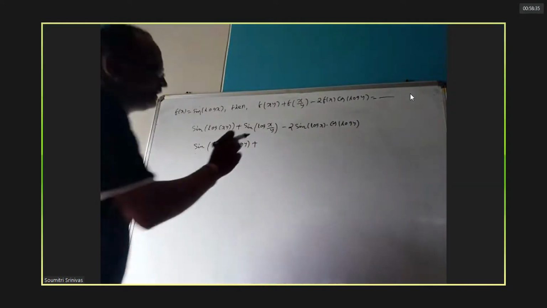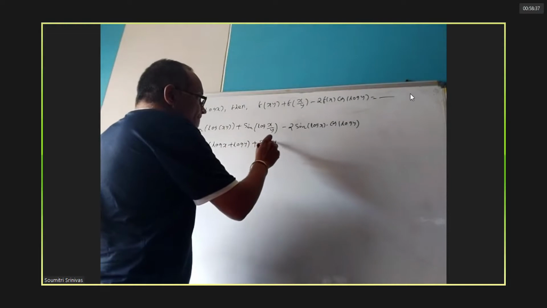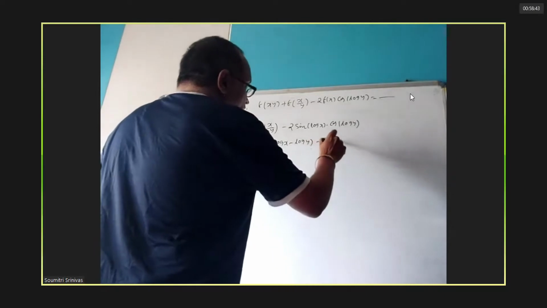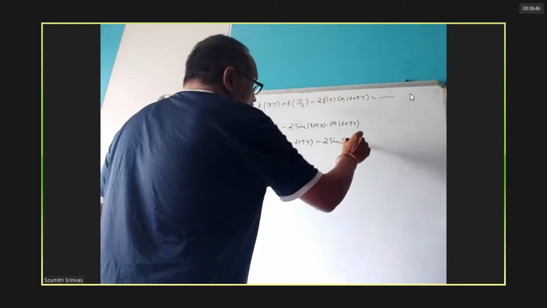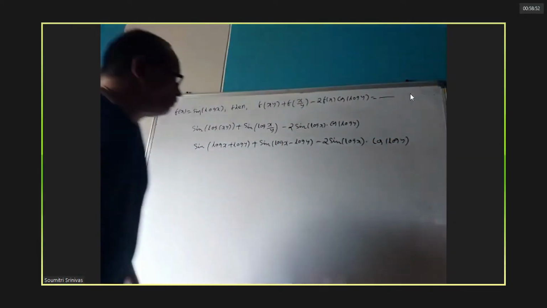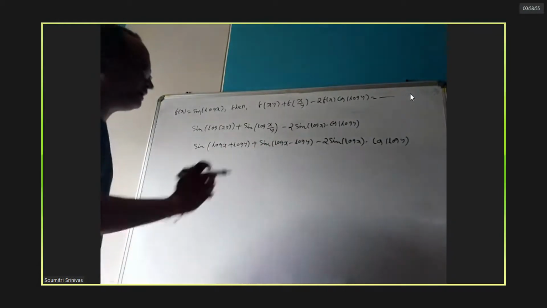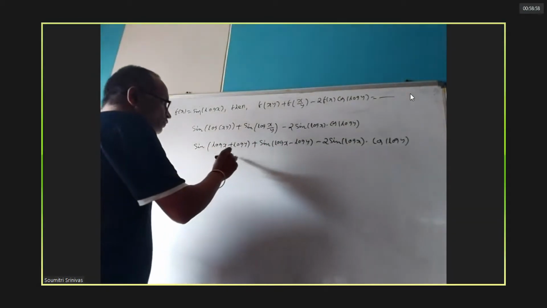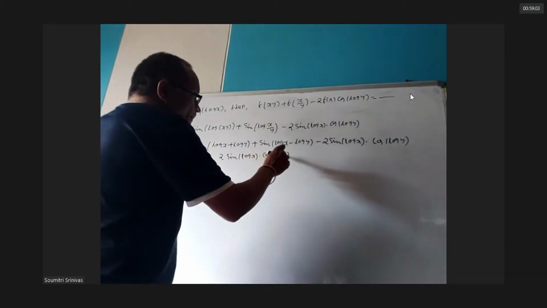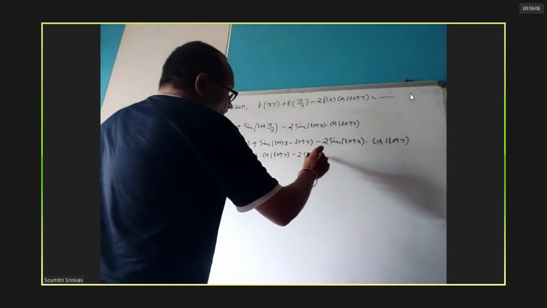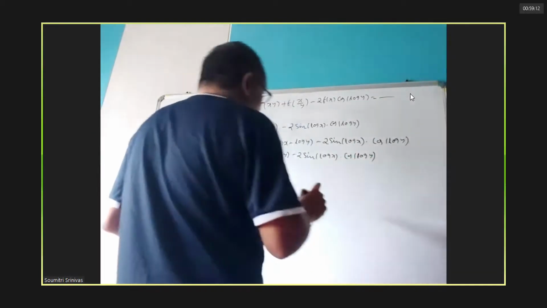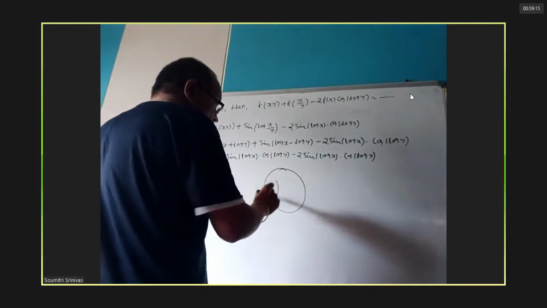Log of x by y expansion. Sin log x cos log y. What is sin of a plus b plus sin of a minus b? 2 sin a cos b, minus 2 cos b. So what's the answer here? 0.